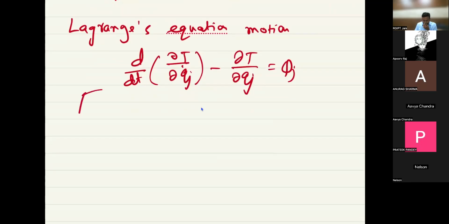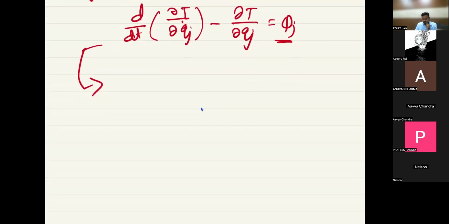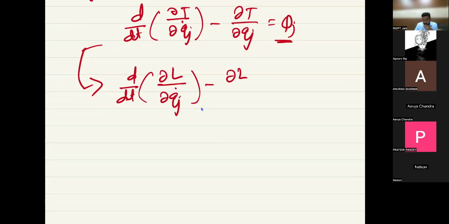And if the generalized force is conservative, if it can be derived from a potential, then this takes the form d/dt of del L del qj dot minus del L del qj equal to 0.